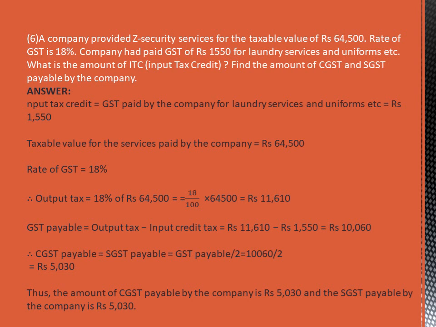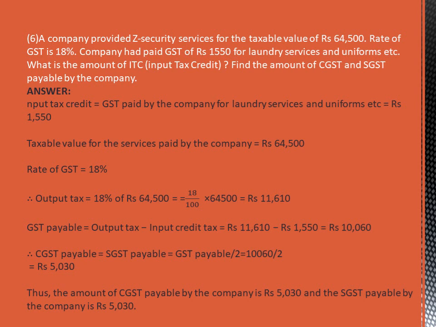Output tax is the taxable value multiplied by the rate of GST, that is 64,500 multiplied by 18 upon 100, which gives 11,610. Then what is the GST payable? Output tax minus input tax credit. The output tax is 11,610 and the input tax credit is 1,550. When you subtract, the GST payable is 10,060 rupees.